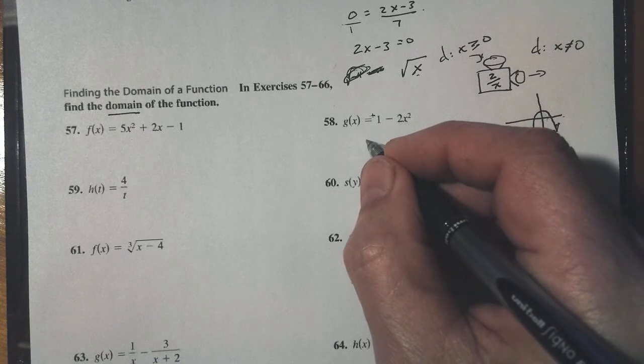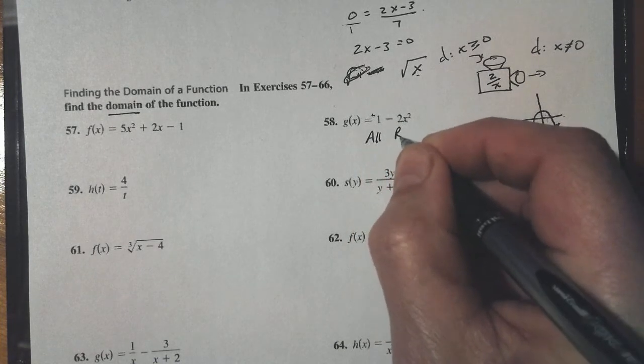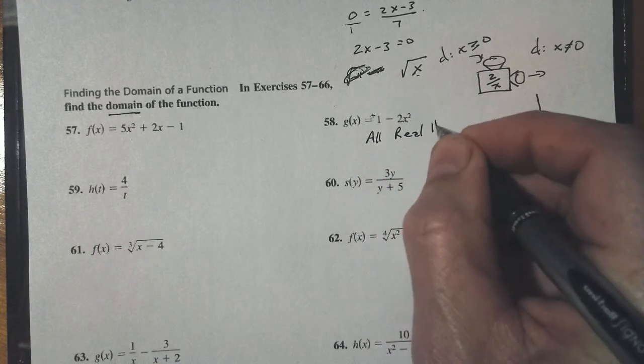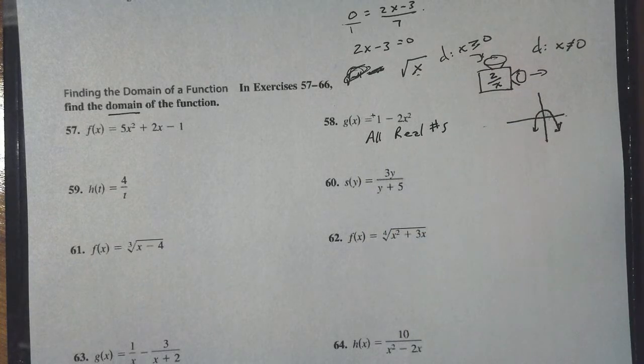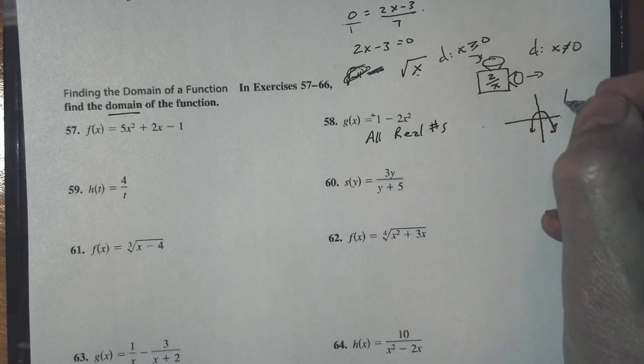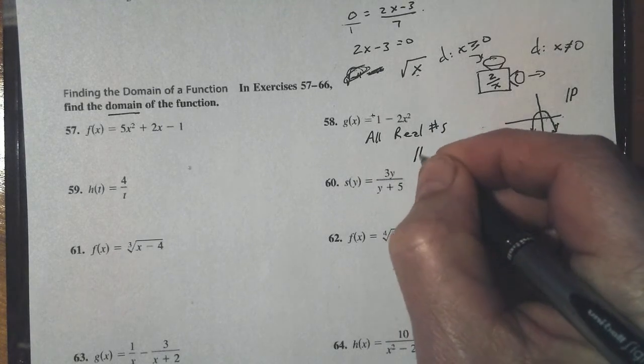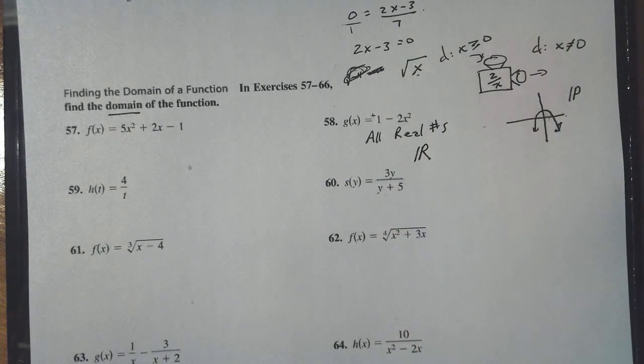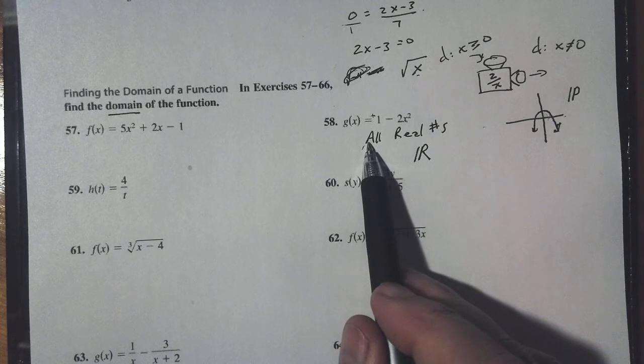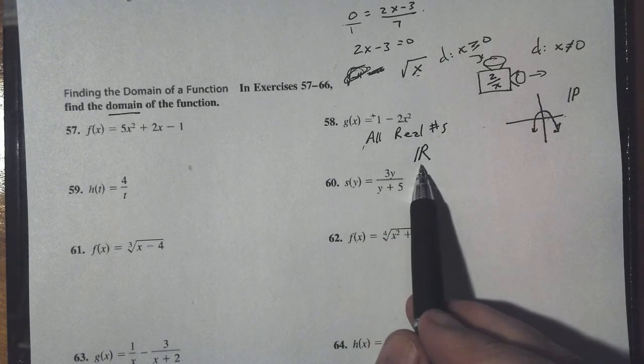So the domain is all real numbers. And we'll write that so often that there's a nice abbreviation for that. And it's a lot like in writing, you've probably seen this. That's a symbol for paragraph. All real numbers, we'll use that to mean all real numbers.